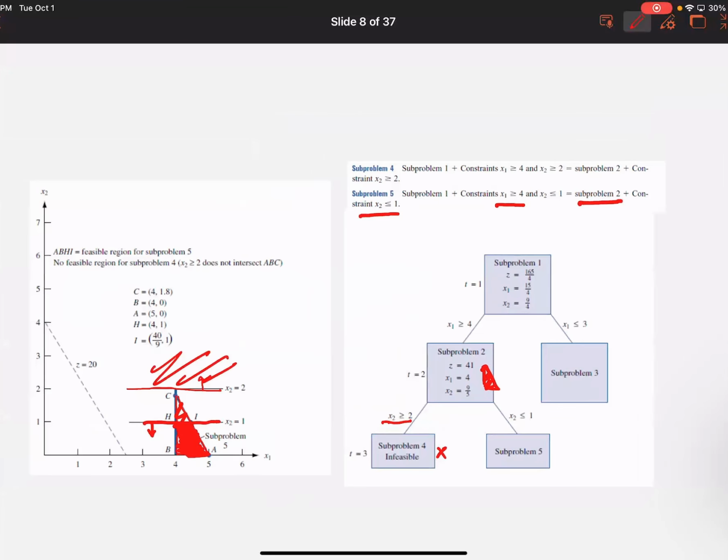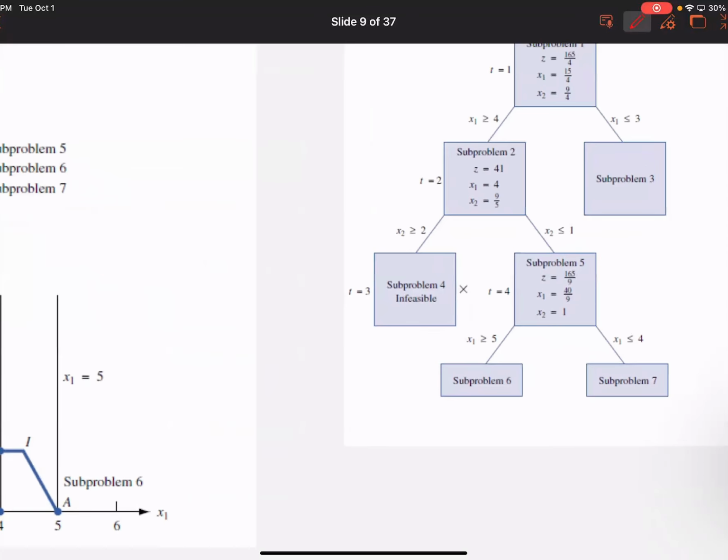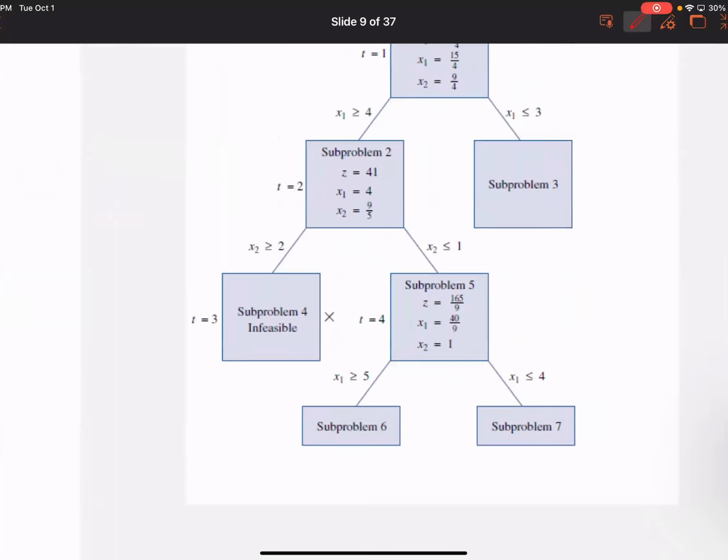Let's look at subproblem 5. If I solve 5, this is what I find. x2 equals 1, which is integer, but x1 now is not integer, right? Now I need to branch on x1.